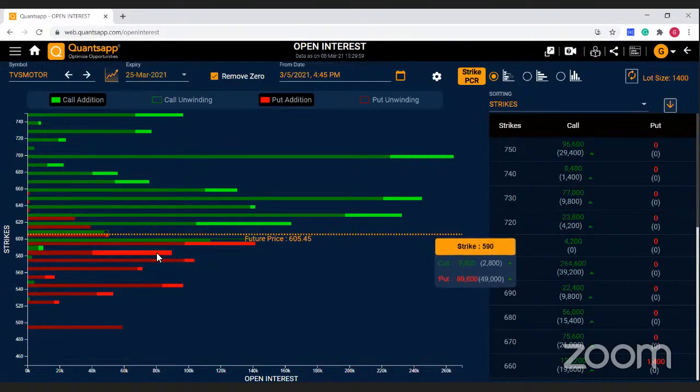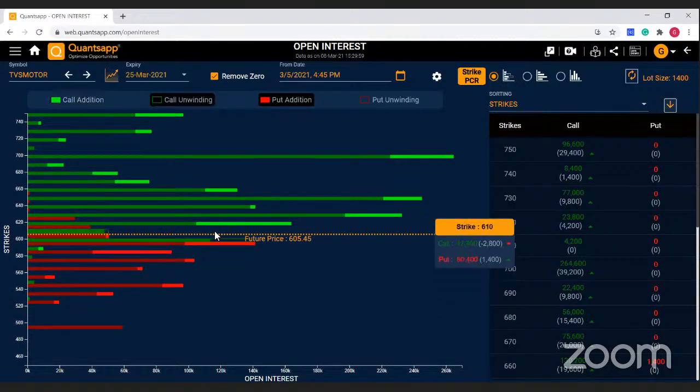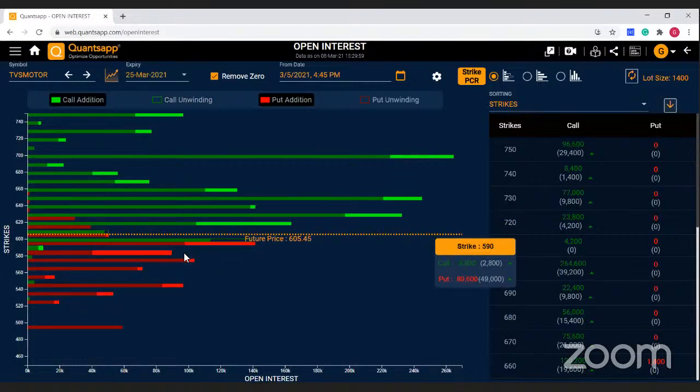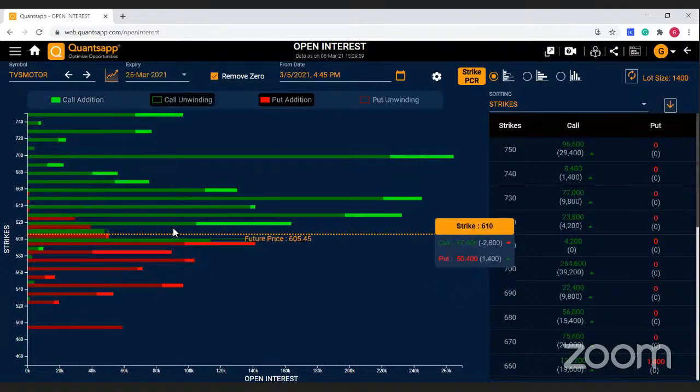Below that, at 590, almost every level they are giving support, meaning put writers are increasing their positions. And on the upper side, at the same level of 600, call writers have unwound their positions, meaning they have closed their positions, which gives me a significant idea that this is standing as my crucial support level.